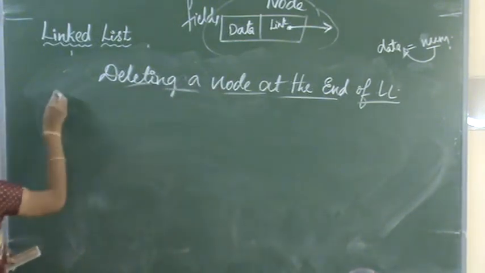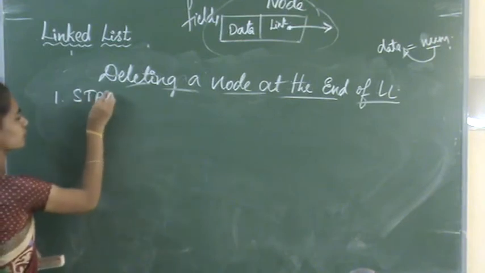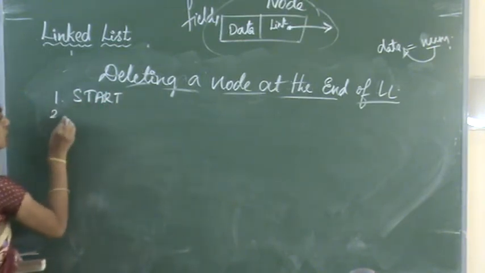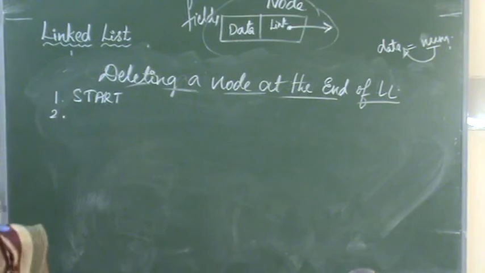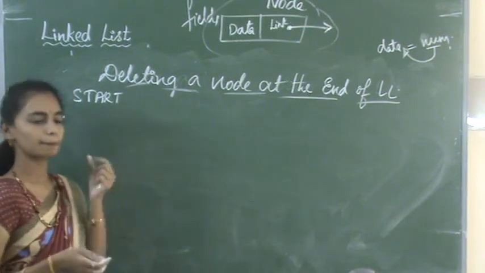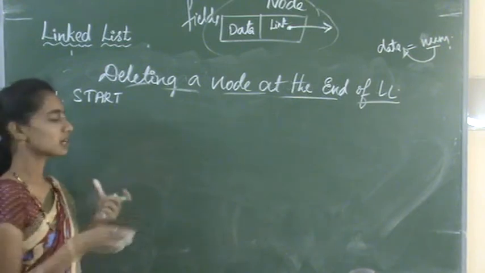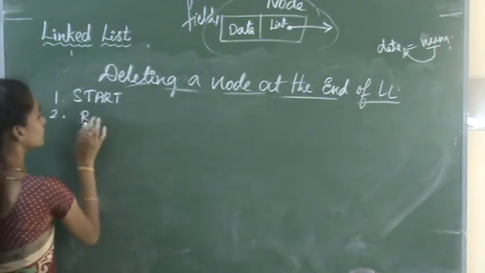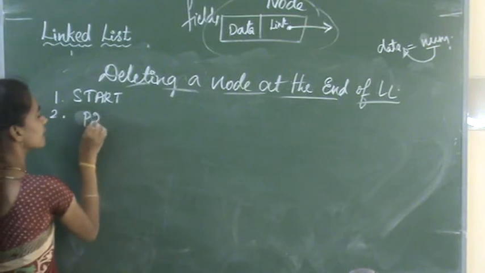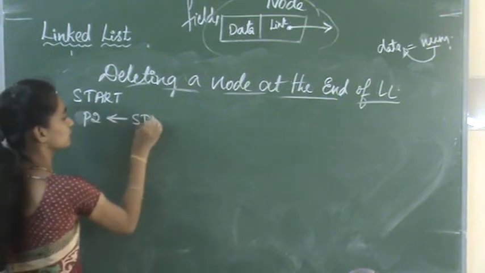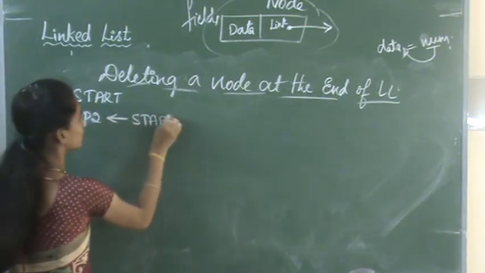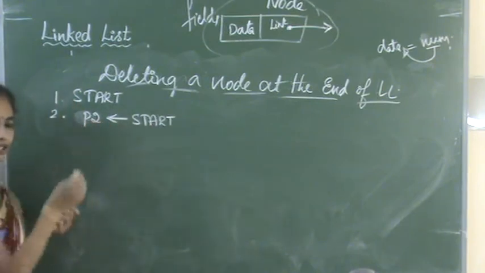So how will this be performed? The first step is start. First we have to assign P2. What is P2? It is used to traverse the linked list. So P2 is assigned as start. This start is assigned to P2.